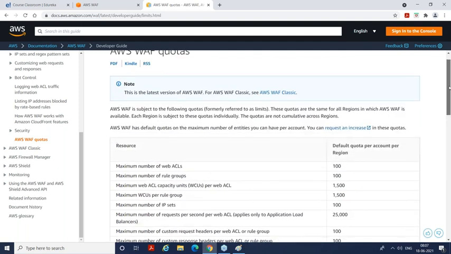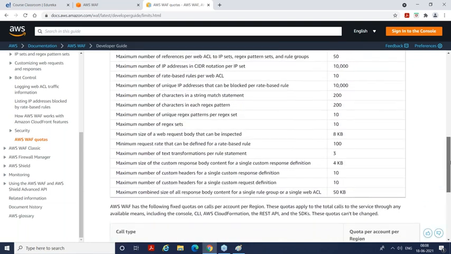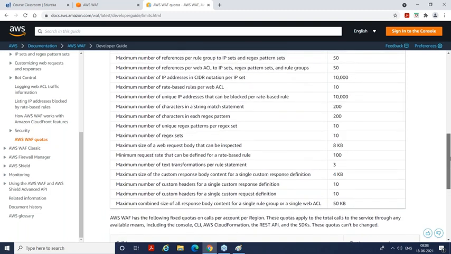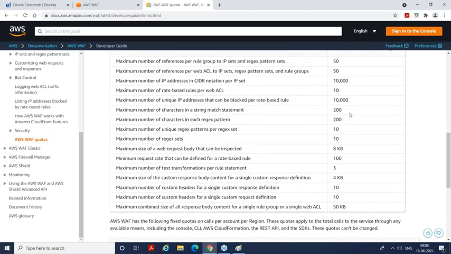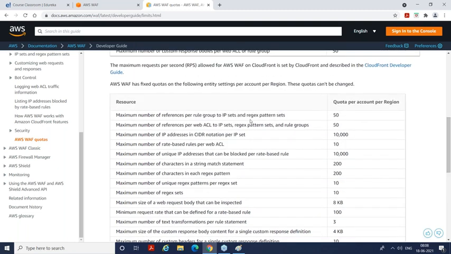You can check this out. So maximum number of calls, maximum number of individual get lists. All those you can define on this basis, whatever is the statement you have. Maximum number of characters in a string. So all those details are available here with respect to numbers. I would request you to please check this.